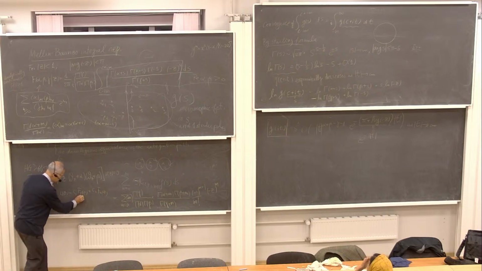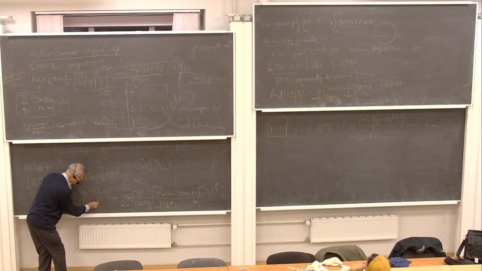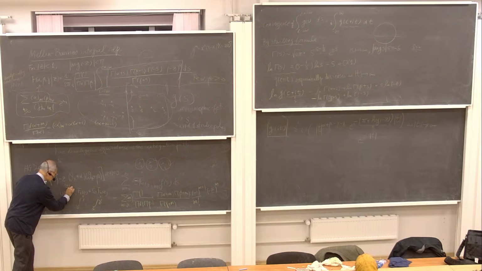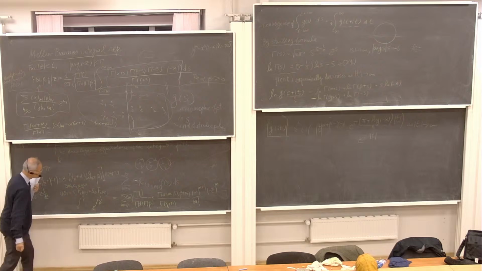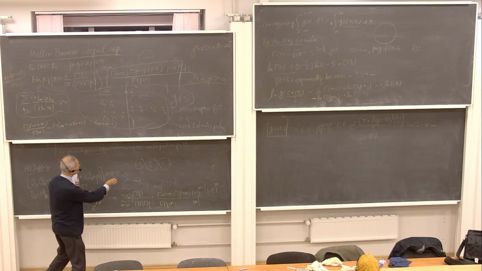Oh, this was the integration over 0, 1. 1 over z. In any case, it doesn't matter here. We sum C1, C2. Integration of this function y.